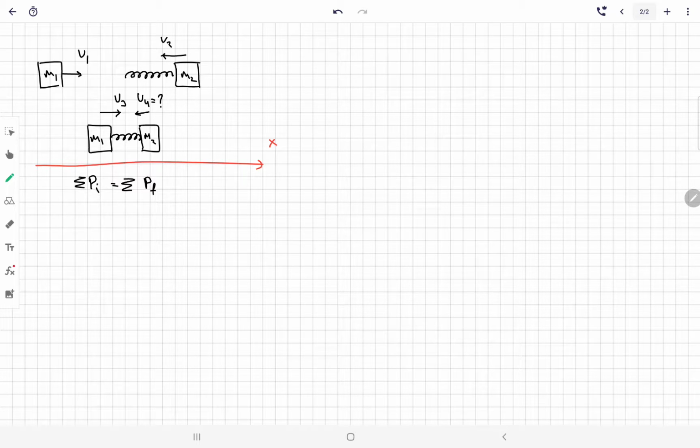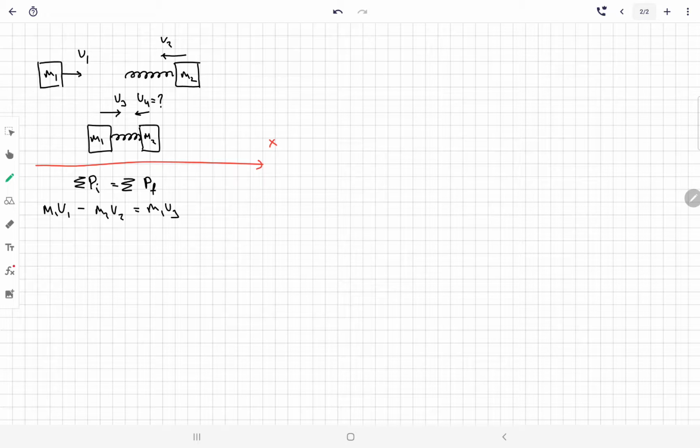So initially we have two momentums. The first one, M1 V1, is the momentum of the first object. The second one's momentum is M2 V2, but with a negative sign because it's moving to the left, opposite to our chosen x direction. So this is the total initial momentum of the system. After collision, or at a certain time, the first one will be moving with velocity v3 to the right, it's given.